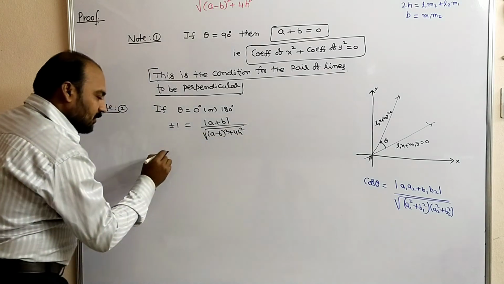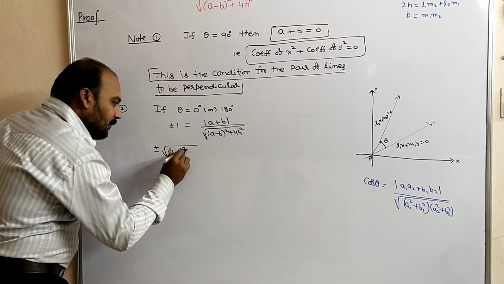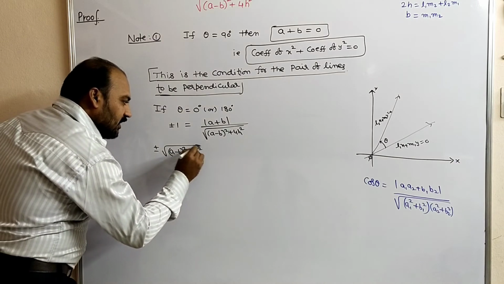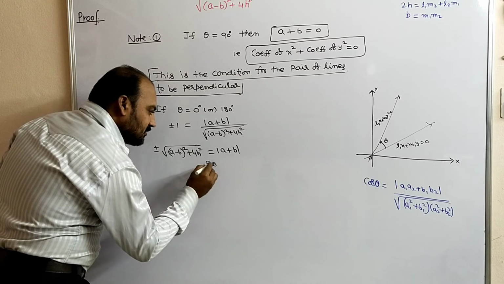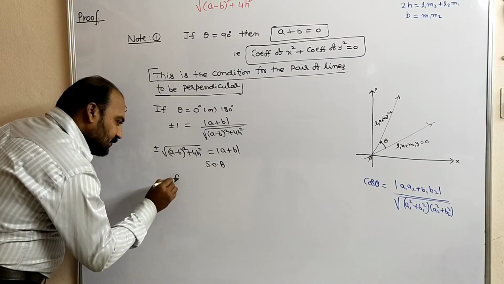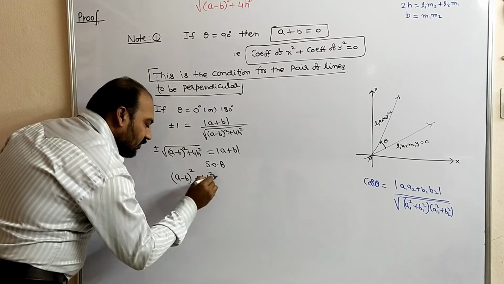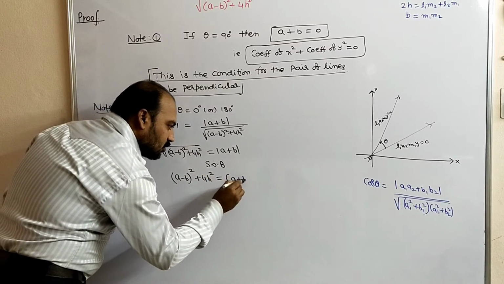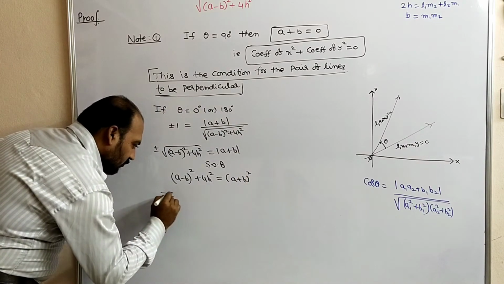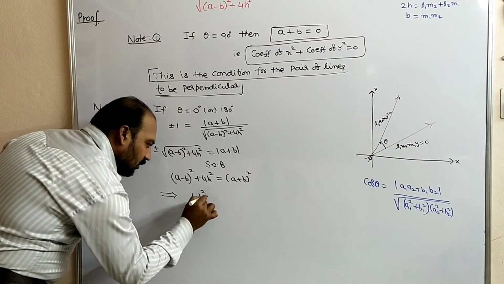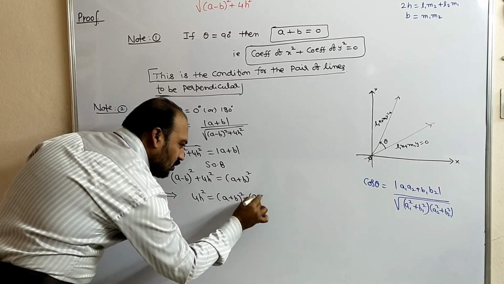Now cross multiply: plus or minus root of (A minus B) whole square plus 4H square is equal to mod A plus B. Squaring on both sides, (A minus B) whole square plus 4H square is equal to (A plus B) whole square. Now (A minus B) whole square I am taking to this side. You will get 4H square equal to (A plus B) whole square minus (A minus B) whole square.